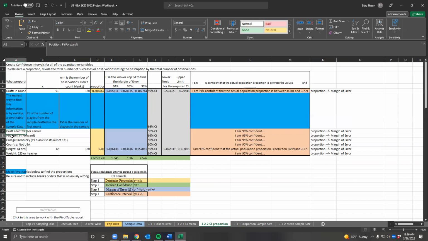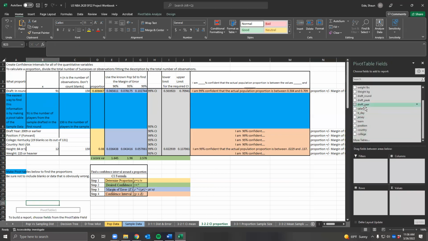So if it's draft year 2009 or earlier, position forward, you come in here and you're like, okay, which one is position? Height, rating, draft year, jersey. Okay, position. Then you got the draft year right there. And so you just find the appropriate one.